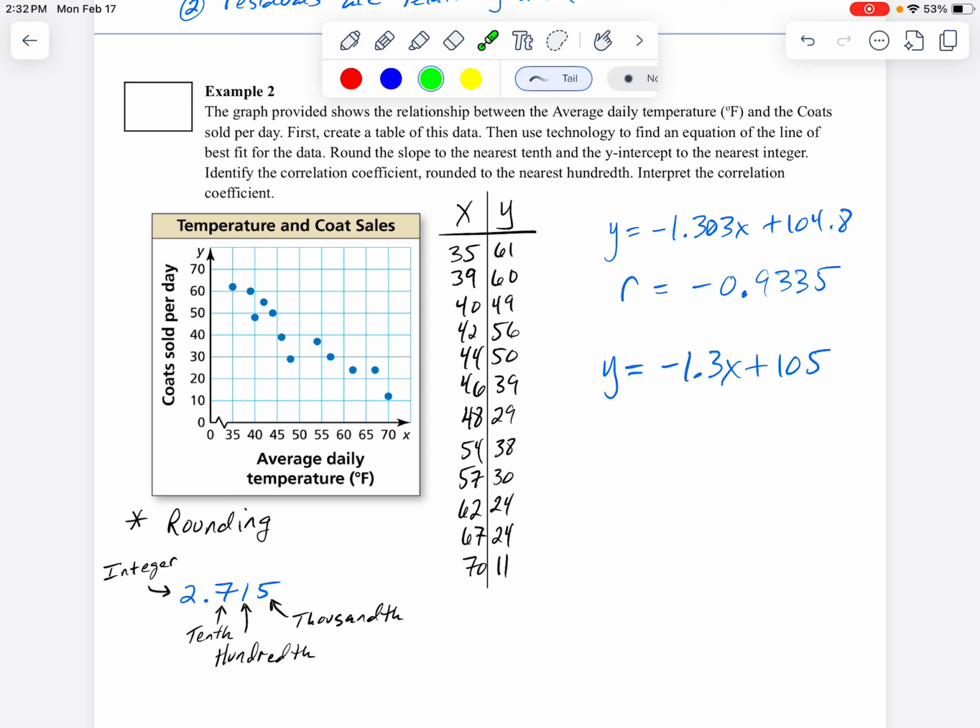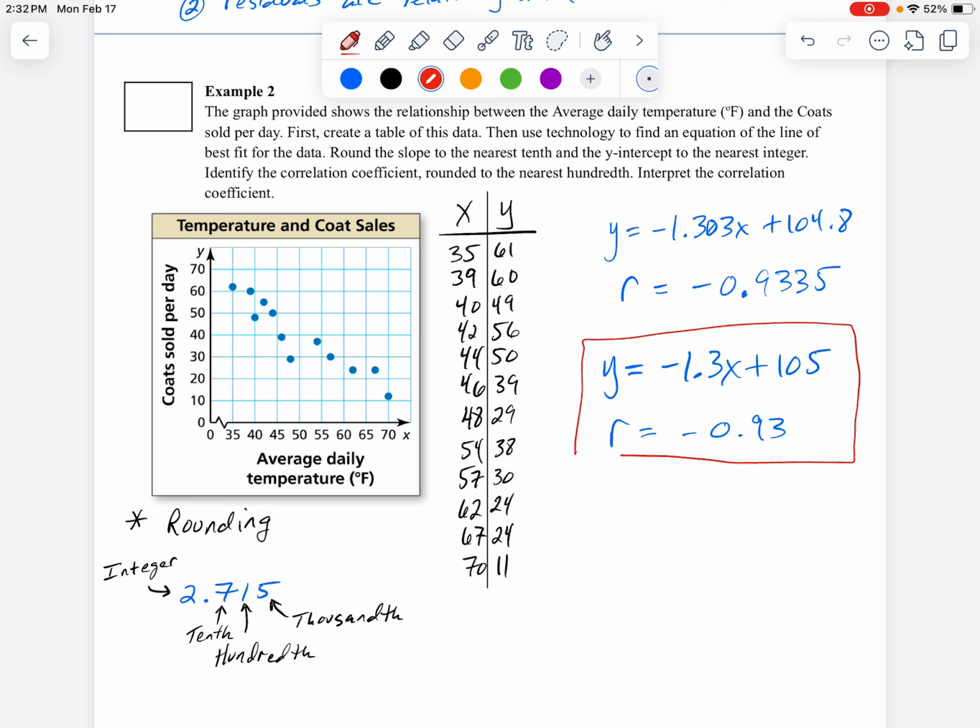So 2 decimal places, and since it's a 3 after that, it's just going to stay negative 0.93. All right, so I've got our original values up top, but these are the ones that we're going to use because they've been rounded the way we were asked to round them.